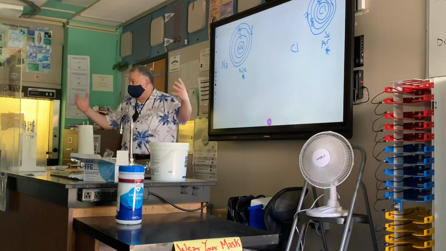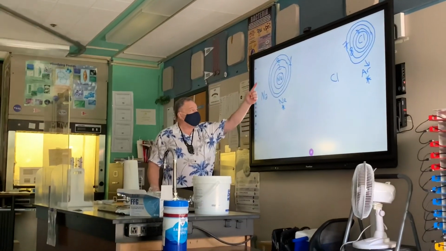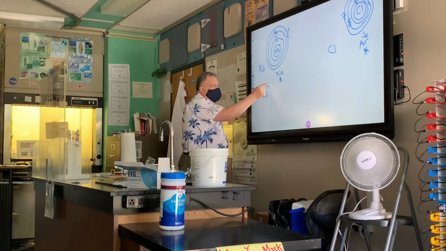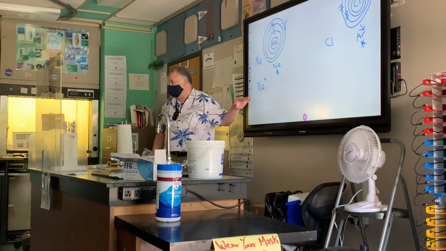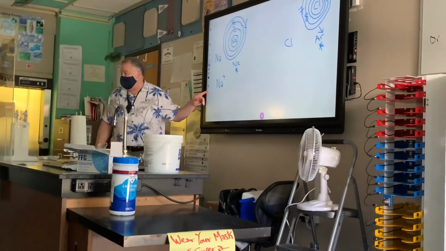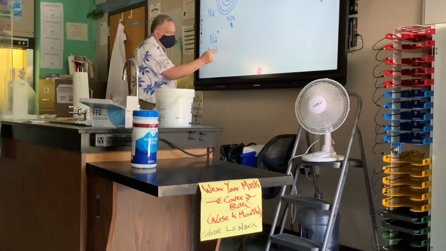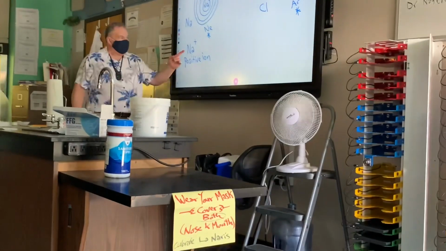Look how these elements react. Watch. This one is gonna get rid of the electron, here, Na plus. And it becomes what's called an ion, a positive ion. You see?